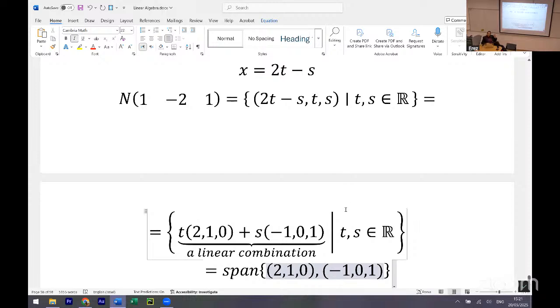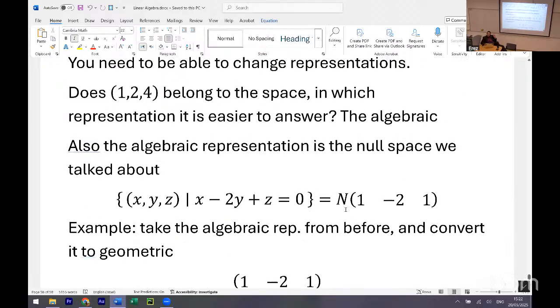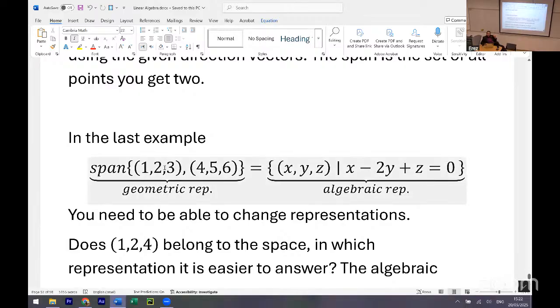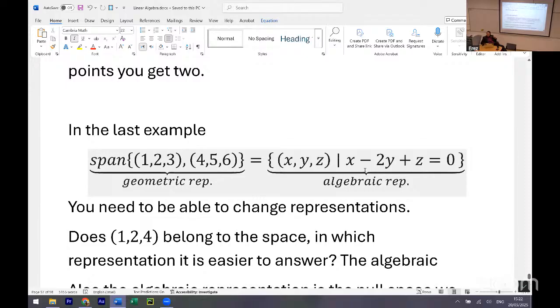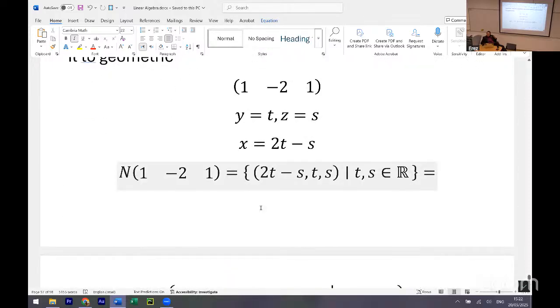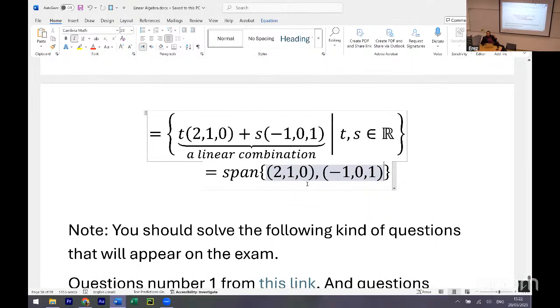And I think something interesting about the metamorphosis we did now is, if you remember, we started with a span, we went to the algebraic representation, we went back to a span, but we got a span of different vectors, right? So it may look confusing, but it makes sense.